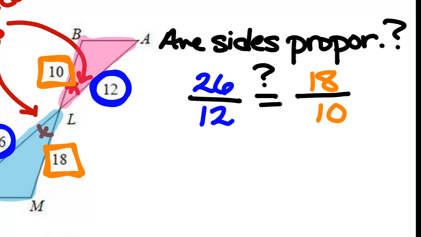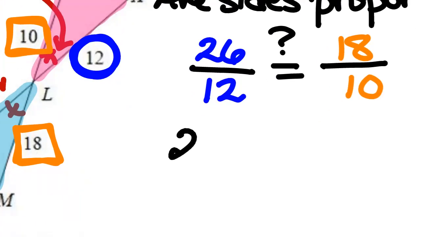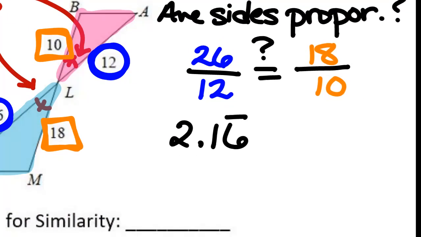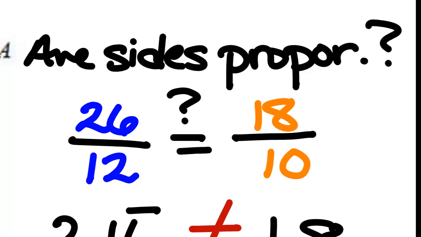What do you get when you do 26 divided by 12? 2.16 repeating. Just the 6 repeating? Okay, no worries. And then what about 18 divided by 10? 1.8. Did those come out to be the same? So are the sides proportional? So are the triangles similar?